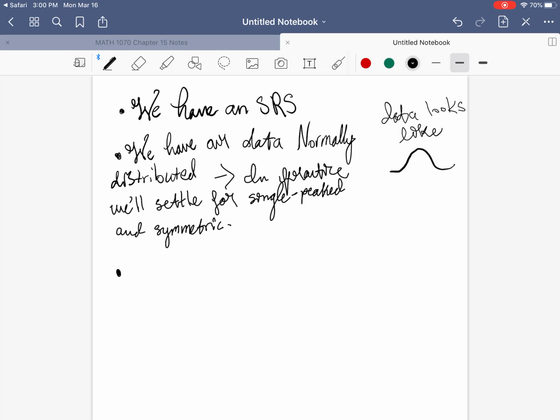And then the last assumption. The last assumption is going to be that the population is much larger than our sample.